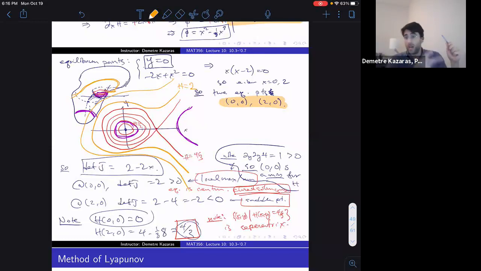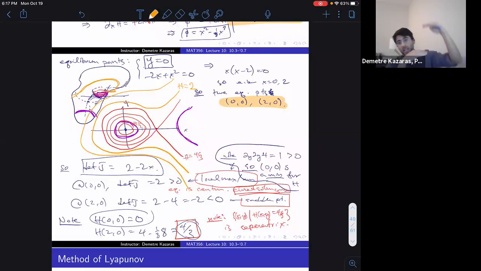There are 2 equilibrium points for this system. When you're at the origin, there's no action going on whatsoever. You start at rest with no velocity. Then there's also an equilibrium point over to the right when you're at position 2 and no velocity. That is a saddle point, an unstable equilibrium point. If you're at energy states between 0 and 4/3, you have closed solution curves. So the motion is periodic.